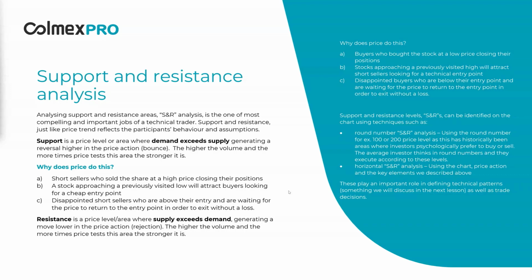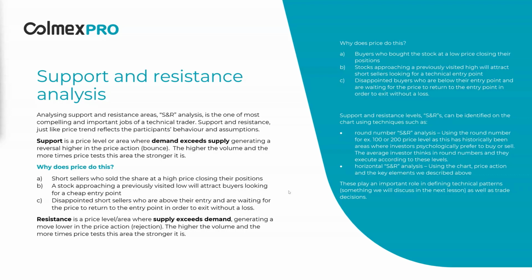Buyers who bought the stock at a low price are closing their positions. This would imply that they bought at the cheap, the price has now moved higher, and they're selling because they anticipate more selling to happen there. Again, self-fulfilling prophecy. And then you have the stocks approaching a previously visited high.